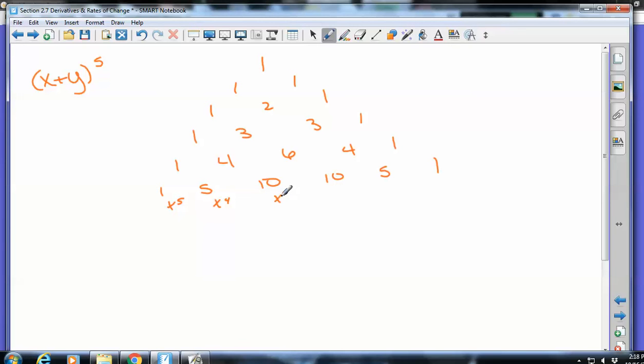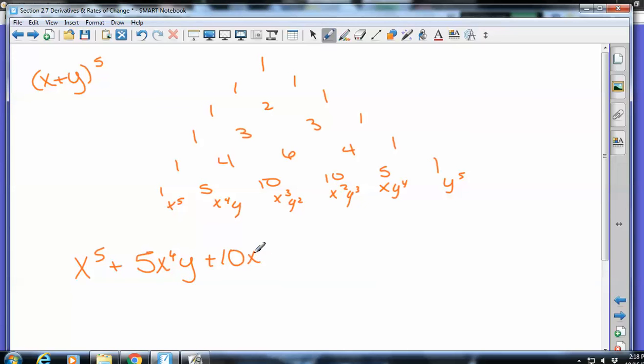So this would be x to the fifth, x to the fourth, x to the third, x squared, x. This one would be your y to the fifth, y to the fourth, y to the third, y to the second, and y.